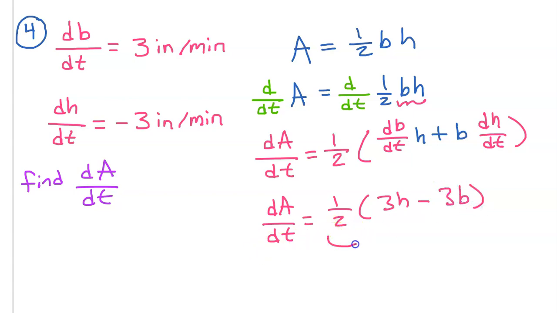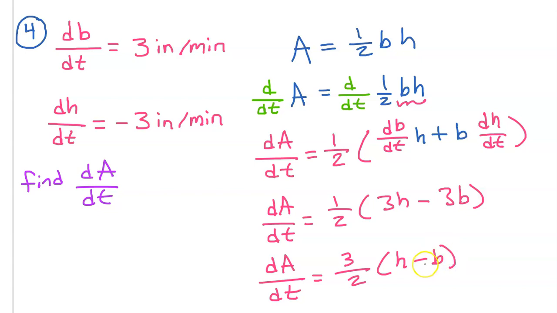So this is my expression for dA/dt. Just to make the answers more obvious, I think I will factor out this common factor of 3. So the GCF of 3 will end up in the numerator of the 2. So the 1/2 becomes 3 over 2, and I'm left with h minus b.